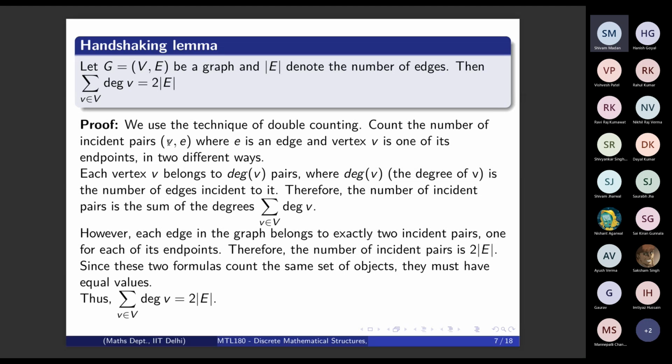So if we count V first and then E, then the total number of these pairs will be this sum, the summation over V belonging to capital V of degree of V. Is that clear? If we count V first and then E, then it will be this sum. Is that clear? Yes, if you have any doubt, you can ask. Is that fine to everyone?